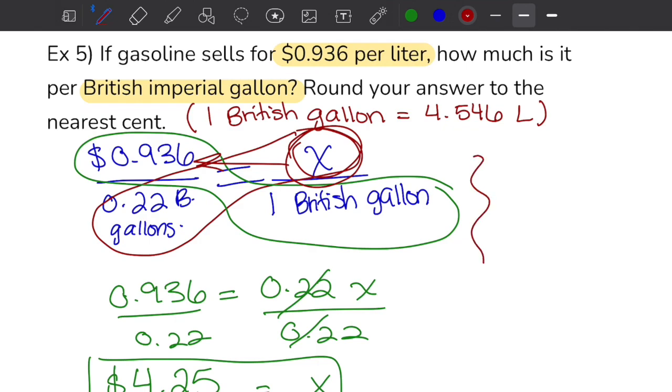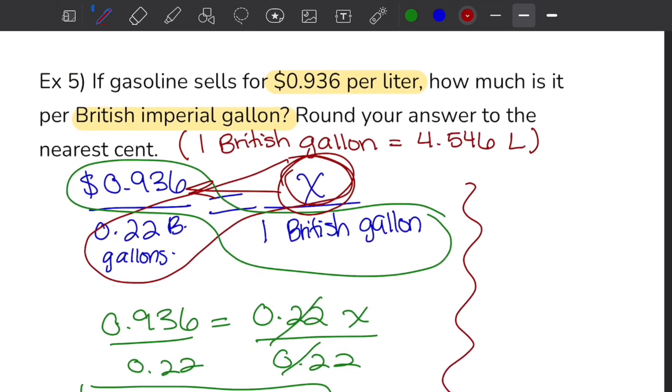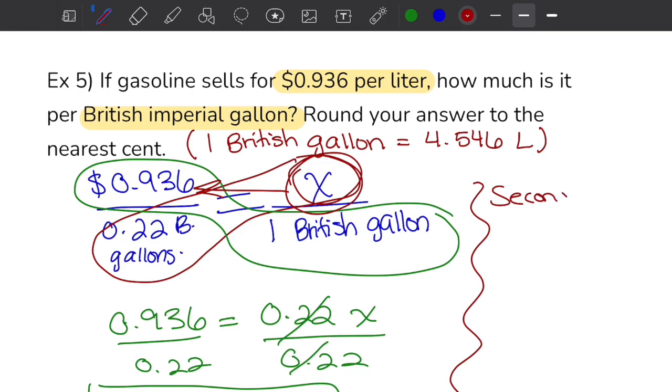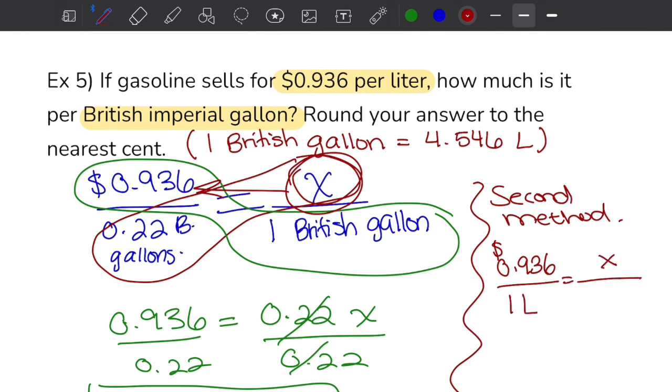Okay, now the other method that you may have chosen to take is to just replace this by 4.546 because you know that this is equivalent to 1 British gallon. So let's do that and see what we get. We expect that we will get the same answer. So this is 1 liter. This is X over 4.546 liters.